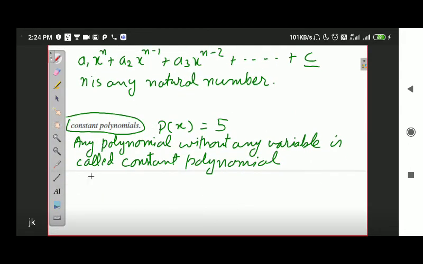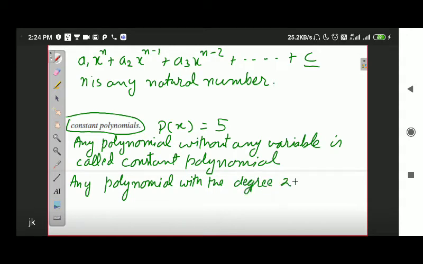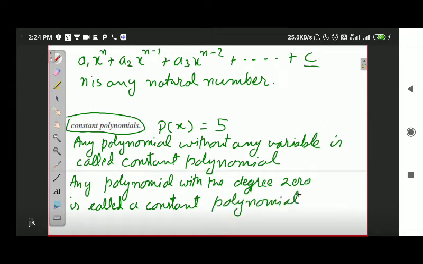Or you can say that any polynomial with degree 0 is called a constant polynomial. What does it mean? If the highest power of x for the given polynomial is 0, then that will be called a constant polynomial.